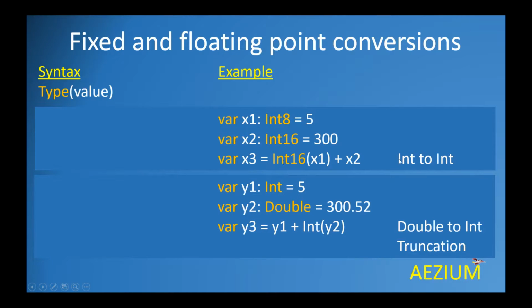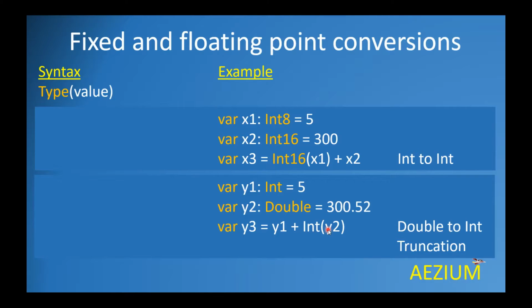So that was an example of integer to integer conversion. We could have, as another example, conversion from double to integer. For instance, if we have a variable called y1, which is of type integer, and y2, which is of type double, if we wish to add these two up, we have to first convert one of these two to the type of the other number.